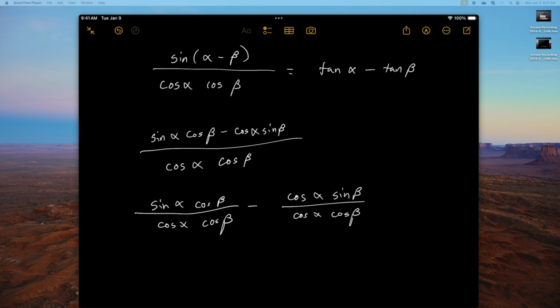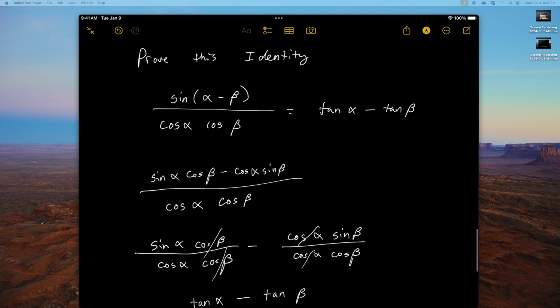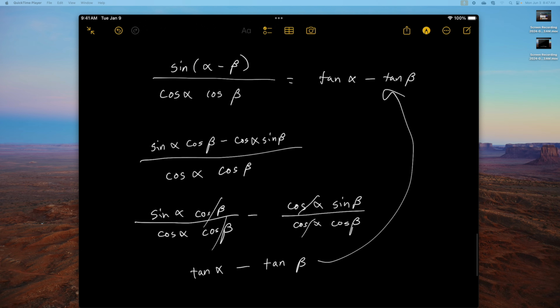So let's see what cancels. Those guys cancel and those guys cancel. We're left with sine of alpha over cosine of alpha, which sine over cosine of a certain angle is just tan. Same thing on the other side. We have sine beta over cosine beta. Sine over cosine is tan. And this is exactly what we were trying to get it to look like. So that's the proof.